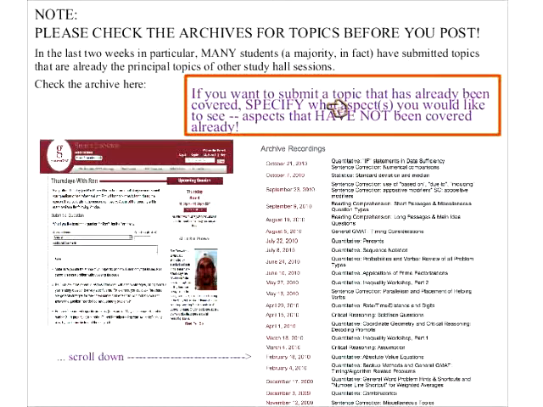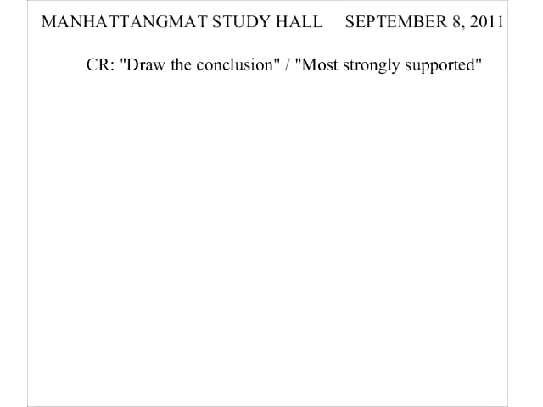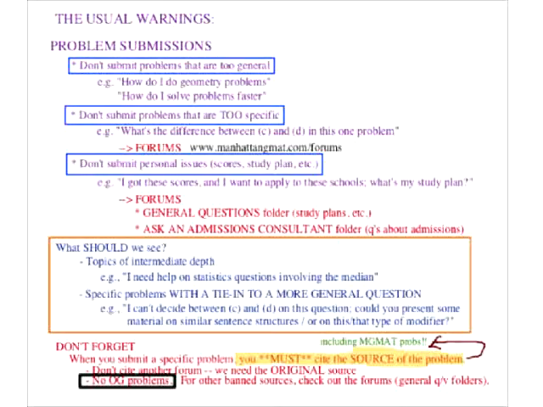Any questions, go ahead and type them in the text box. Smiley face if you guys are ready to start on some critical reasoning. Okay, let's get started. Again, today's theme is draw the conclusion or most strongly supported.